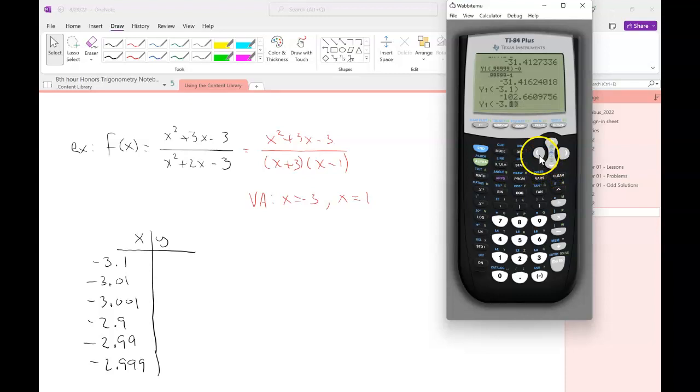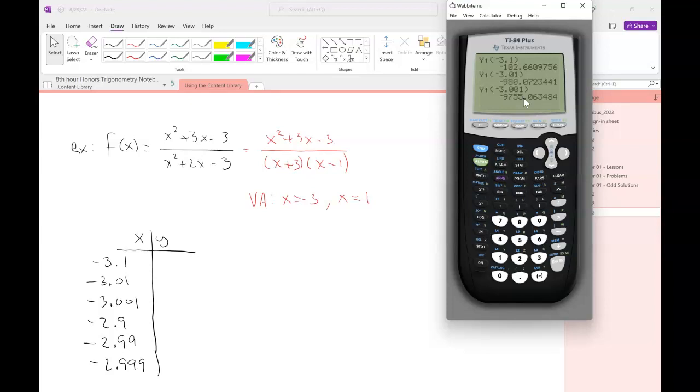And then I can try negative 3.01 and negative 3.001. And what do we notice is happening as this is getting closer and closer to negative 3 from the left side? It's getting smaller and smaller, right? What do we say is happening here?